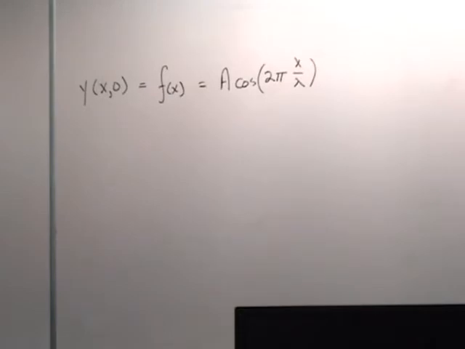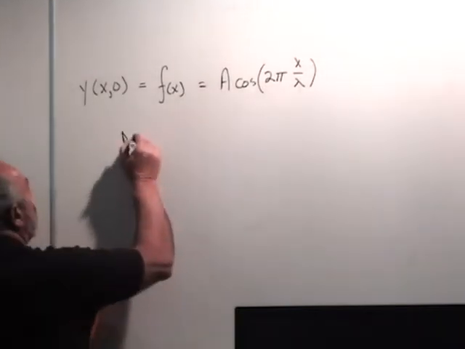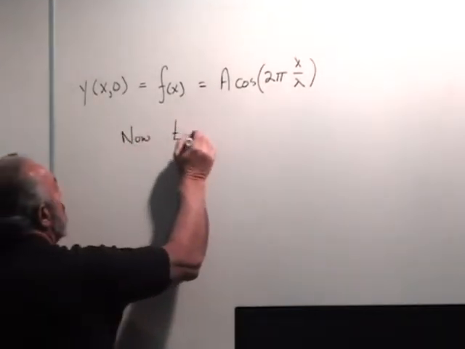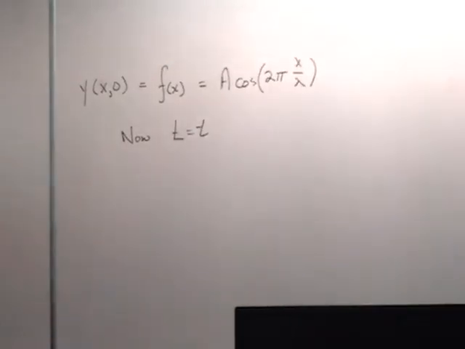That means we are now ready to write down the completed waveform for t equals t. What happens now? T equals t. What about sometime in the future? Well, this wave is moving in the positive direction like that. Hence, therefore, it's very, very simple.